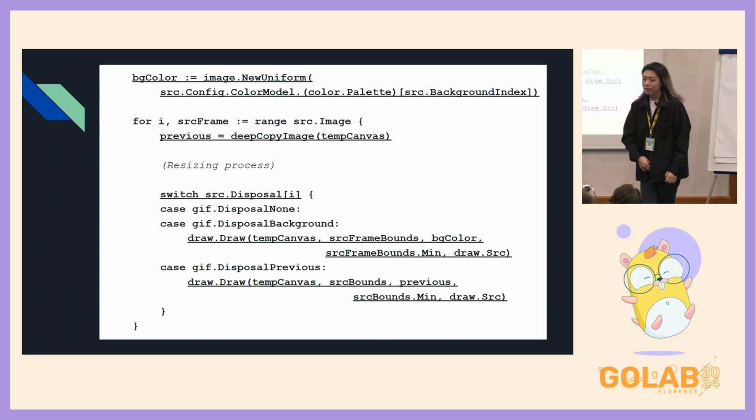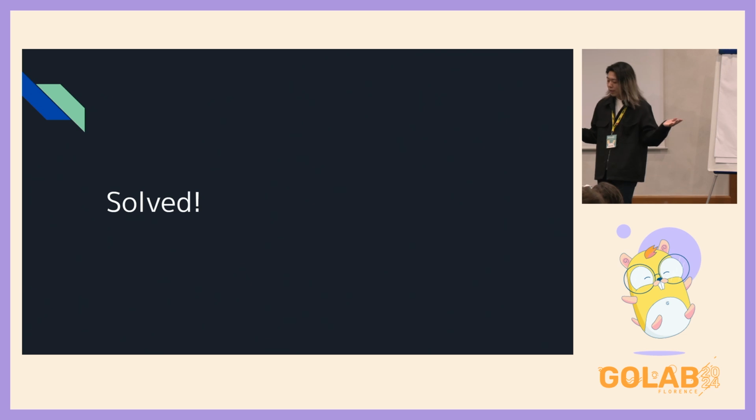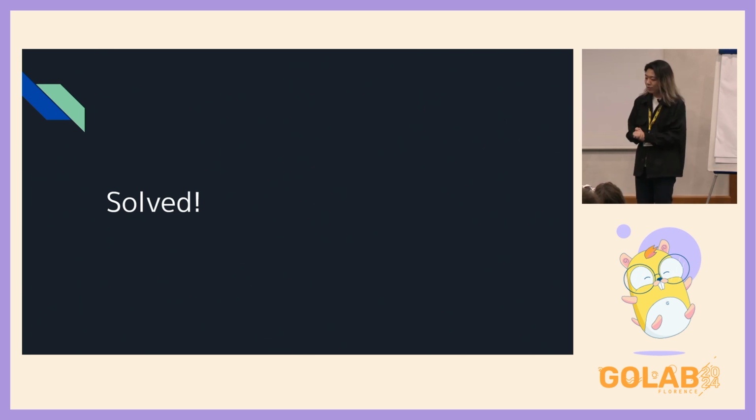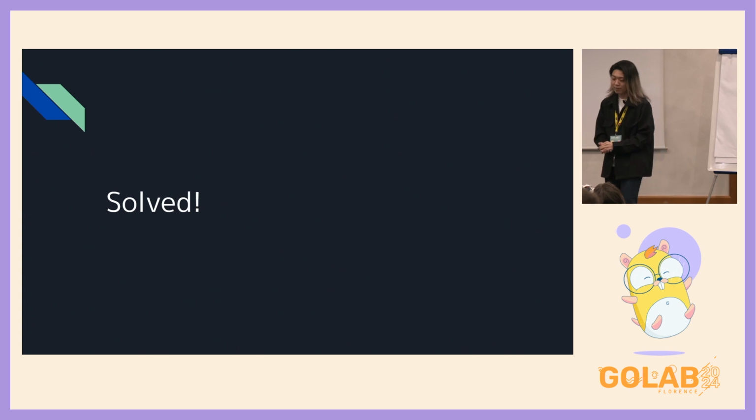And when the disposal method is previous, replace the entire temp canvas with the previous frame, similarly to the background method, using the draw function. This restores the previous frame to the canvas, and that's it. By following these steps, the disposal will be processed properly. Let's go. And we can now avoid issues with transparent background images and frame rendering.